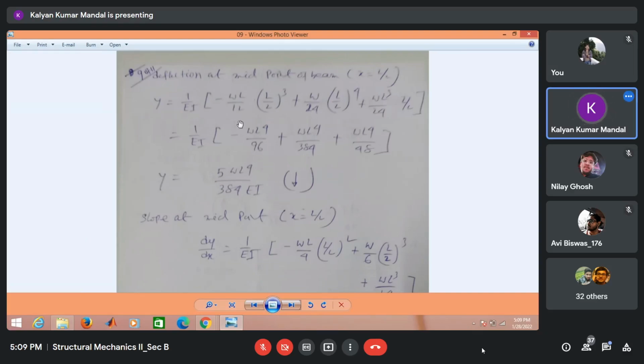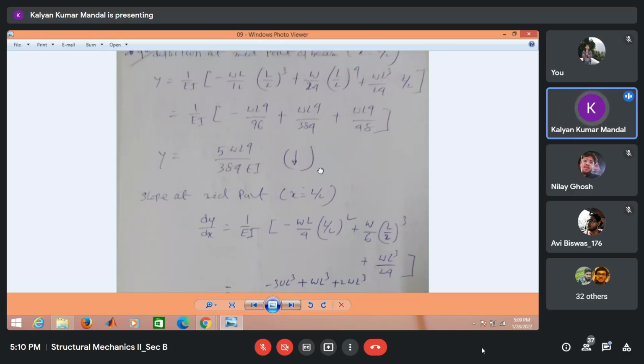We get the deflection at this point, that is y is equal to 1 by EI times minus wL divided by 12 times L by 2 cubed plus w divided by 24 times L by 2 to the power 4 plus wL cubed divided by 24 multiplied by L by 2. If we simplify this, we ultimately get y is 5wL to the power 4 divided by 384 EI. As it is positive, the direction of the deflection will be vertically downward.